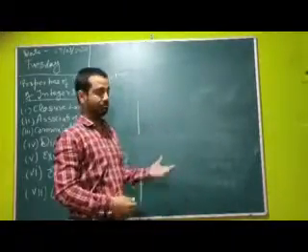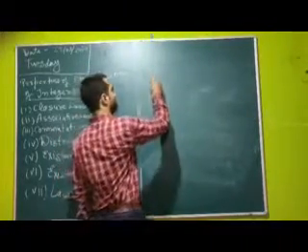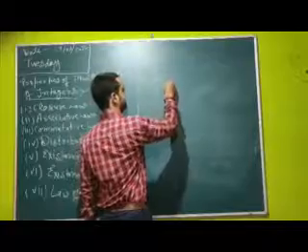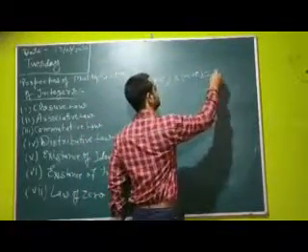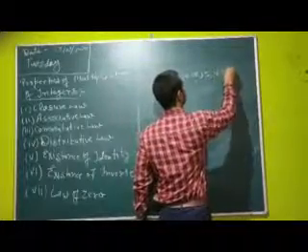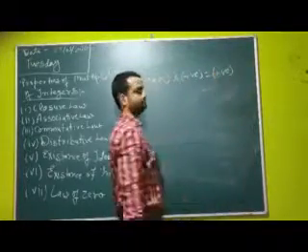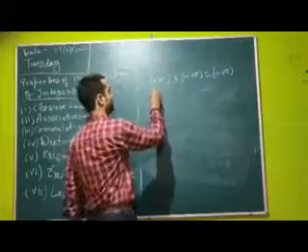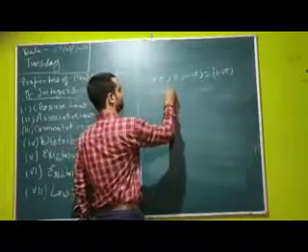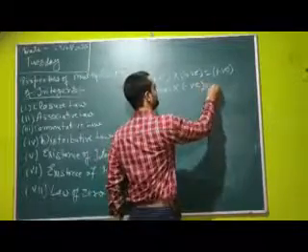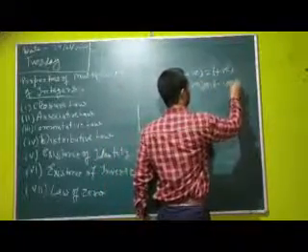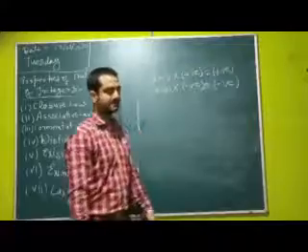Now if we are multiplying any two integers, we must keep in mind some formulas. If we multiply a positive integer to a positive integer, the answer is again a positive integer. If we multiply any positive integer to any negative integer, then we get a negative integer as our answer.